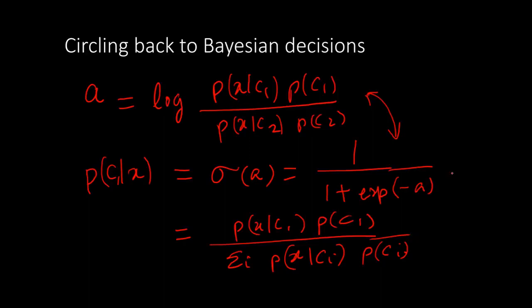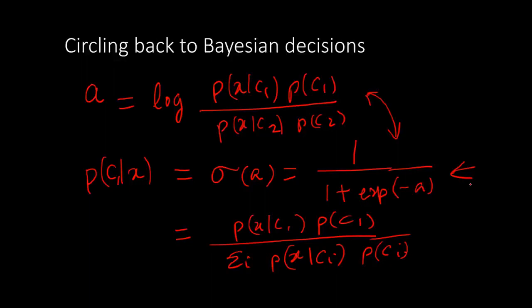This is the expression you might have seen before, the expression for the probability of a particular class given the feature, if we model a as the log of the ratio of their odds. It also takes into account their priors. Now you can notice that this a is still not a linear function of x.